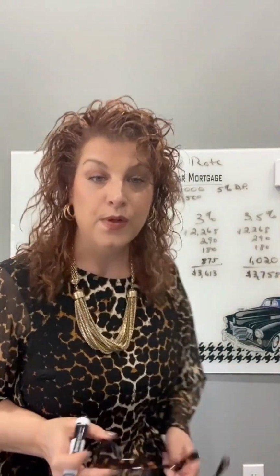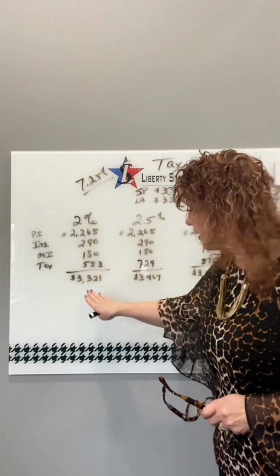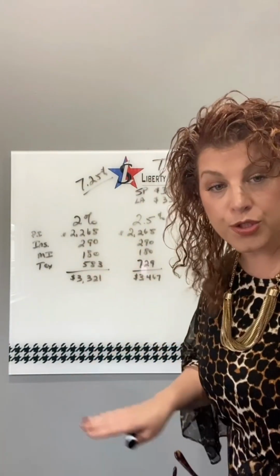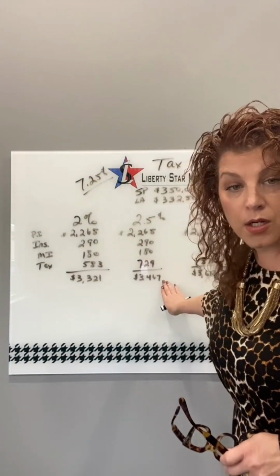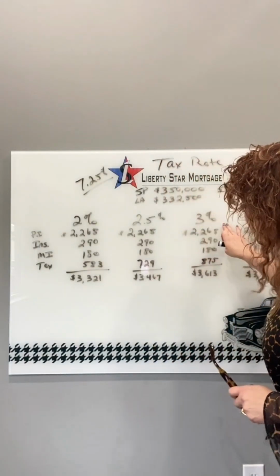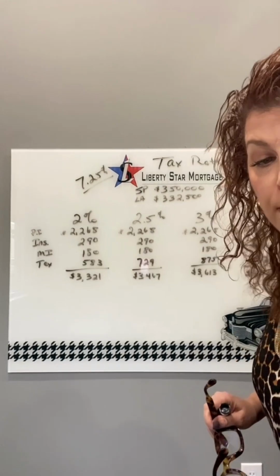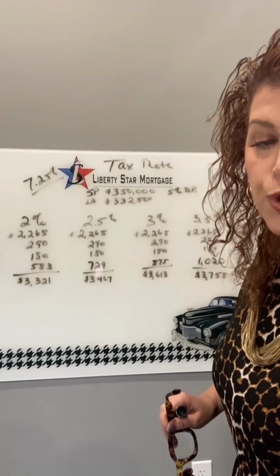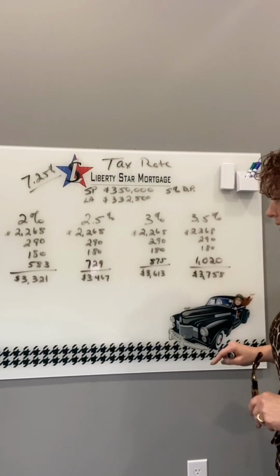So let's look at the difference here. You've got a 2% tax rate. This house is going to cost you $3,321 a month. At 2.5, this house is going to cost you $3,467 a month. This one, $3,613 a month. And this one, $3,758.